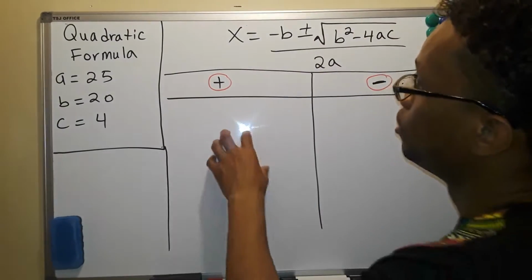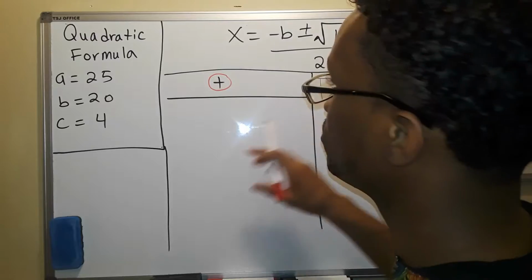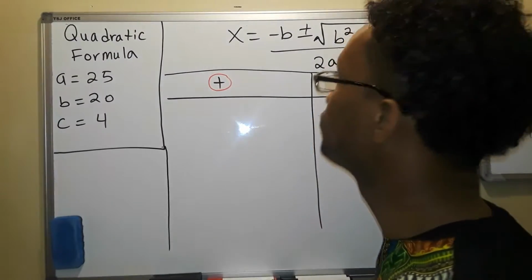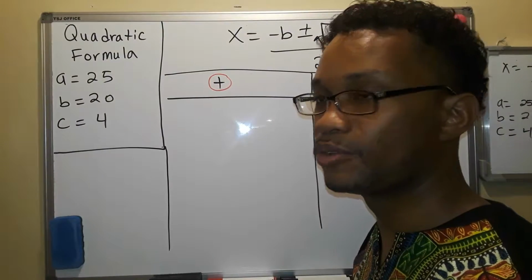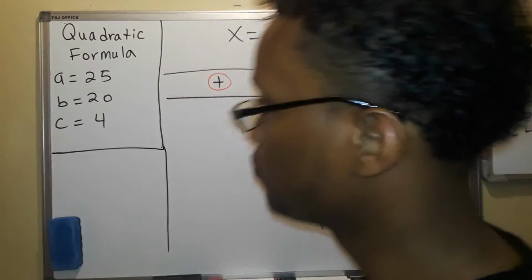Okay. All right, here. So I'm going to rewrite these equations, but I'm going to fill the equations up with the symbols. Here I'm going to do the plus right here.